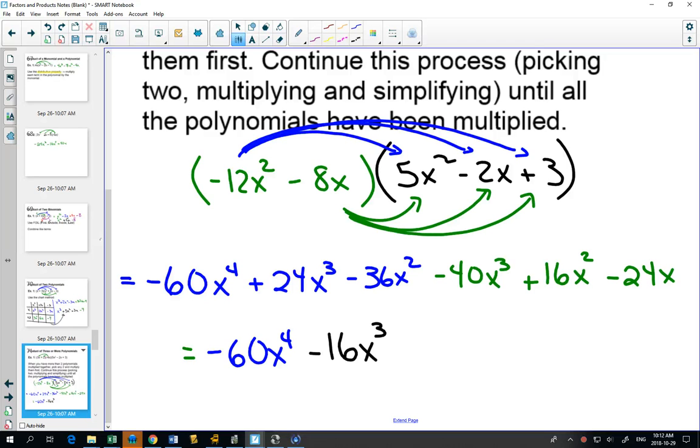I have a negative 36x squared and a 16x squared, which gives me a negative 20x squared. And I still have the minus 24x at the end. So the only thing that stayed were the first ones and the last ones. All the stuff in the middle, there was some like terms that combined.